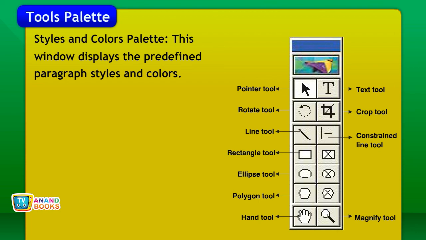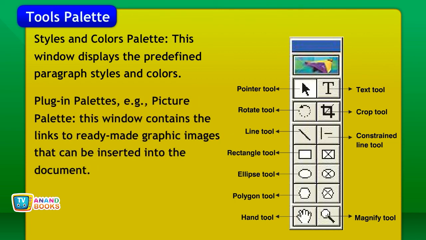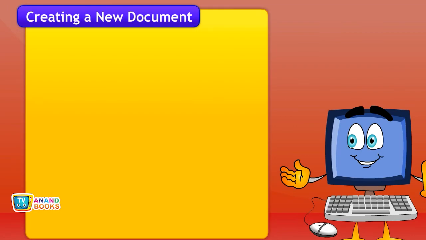This window displays the predefined paragraph styles and colors. Plugin palettes, for example the Picture palette. This window contains links to ready-made graphic images that can be inserted into the document. We can minimize these windows at any time if the screen gets too cluttered.